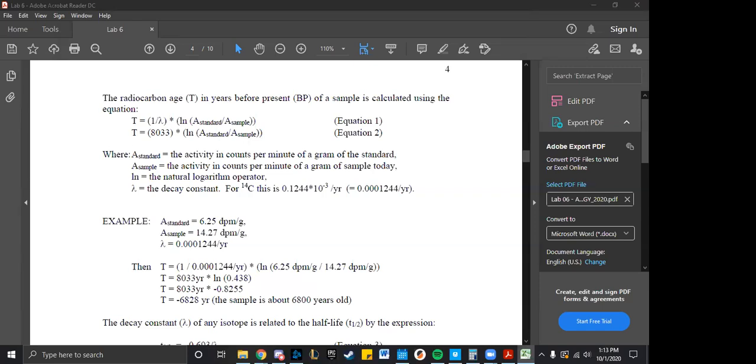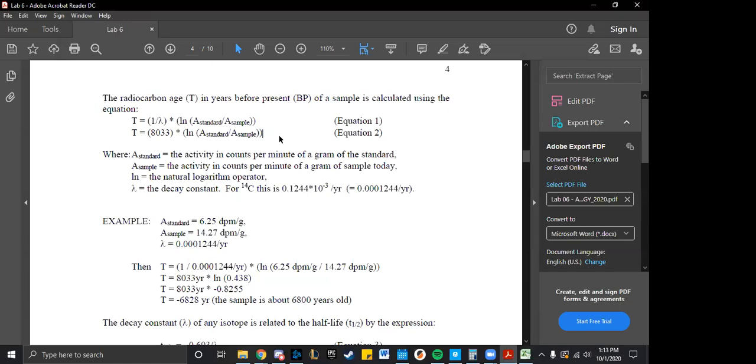Okay, so I have a question. To find the age year, you said that we do the 8,033 times the ln, and you do the 6.25 divided by the 1, right? Which is the sample.